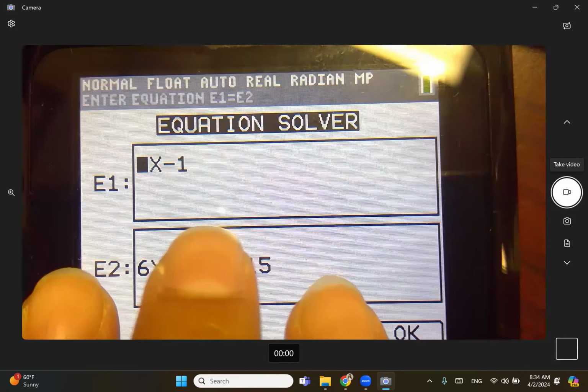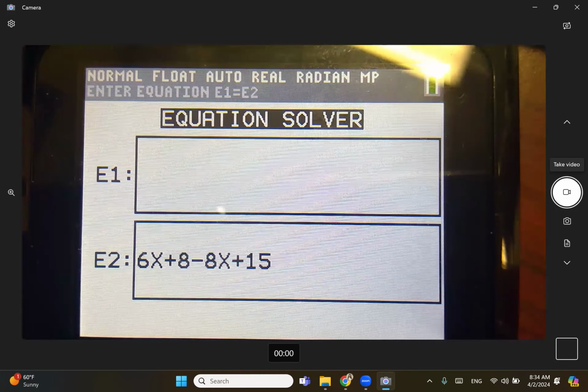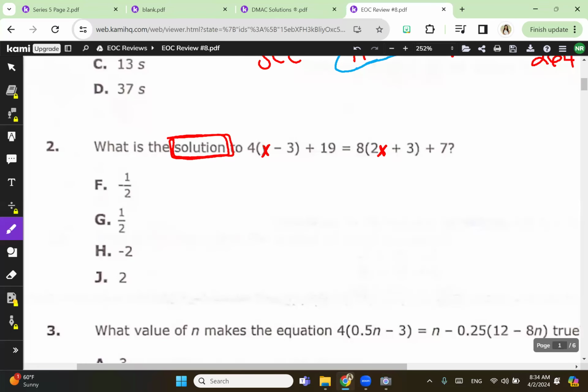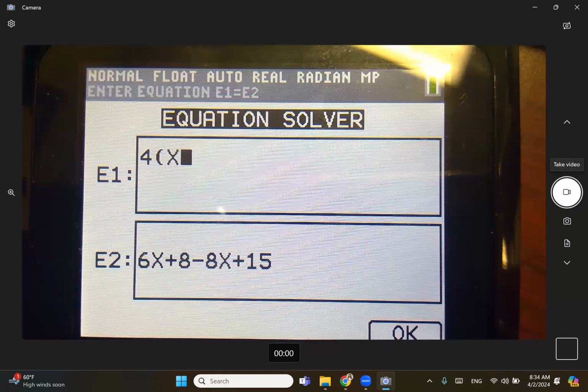Now, the way you type this in, you're always going to split it down the equal sign. It doesn't matter if the equal sign is after the first number. It's always down the equal sign. So the left side is going to be your equation 1 and the right side is your equation 2. And after you're done typing in both sides, do not press enter because that's not how you do it.